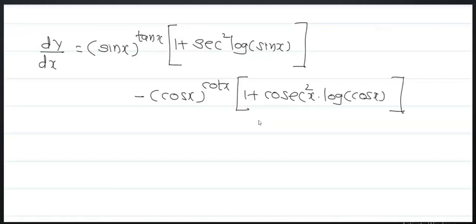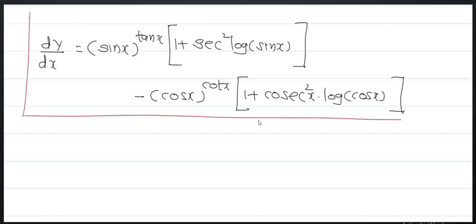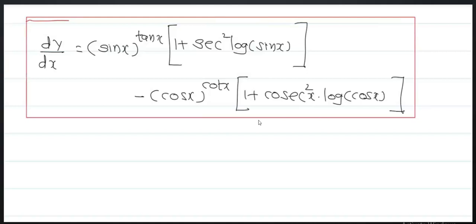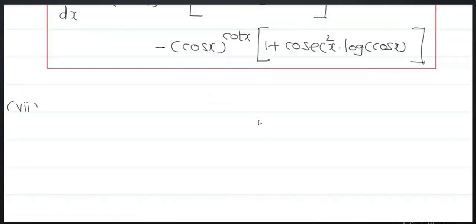Now we'll check, that is minus cos x raised to cot x in bracket 1 plus cosec square x into log of cos x. We'll see this answer.